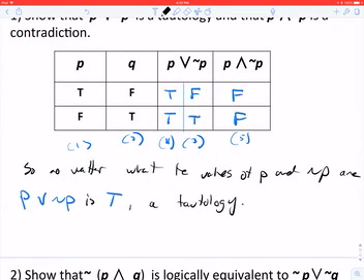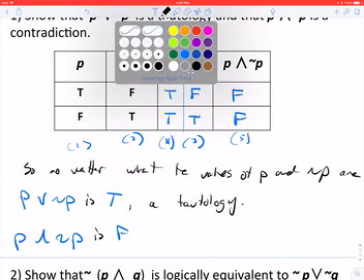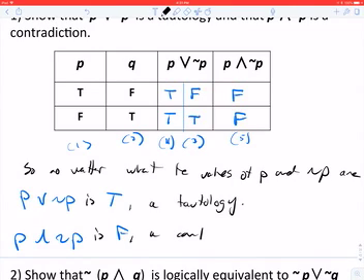And then we have P and not P is false, a contradiction.